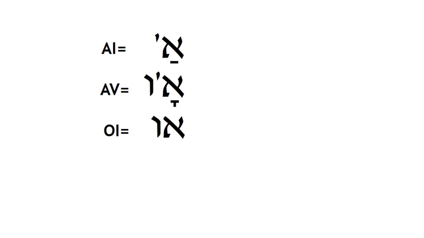And when we have our Vav, we're going to put our little dot above it, just like we did before. And how do you think we're going to make the y sound in oi? We're just going to take our friend Yud, and we're going to add it in there. So this is oi.